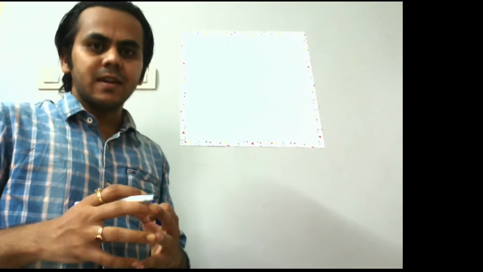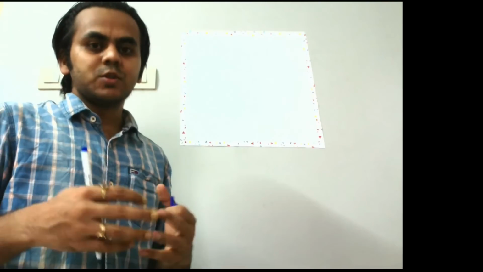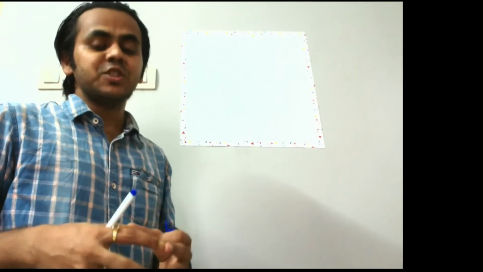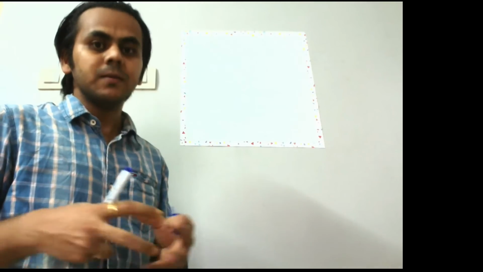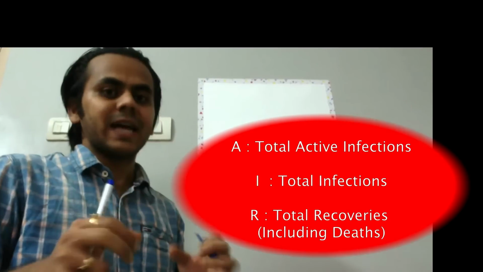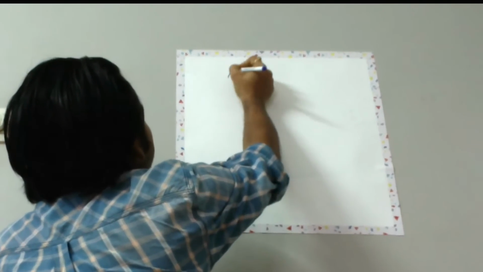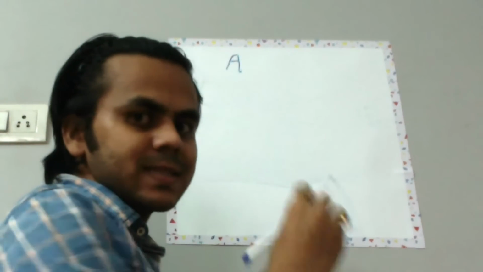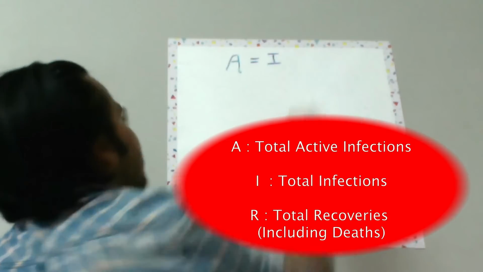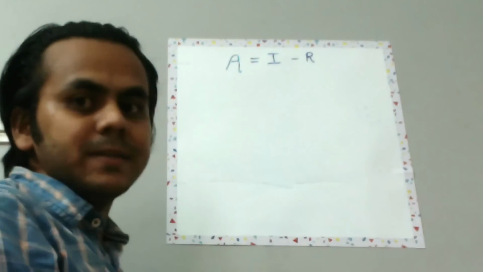If we take A as the active cases, I as the infections or total number of infections, R as the recoveries, which includes the number of dead people, unfortunately. So we can say that active cases A is equal to total infected minus total recovery.